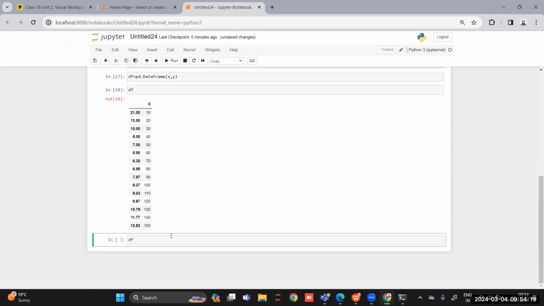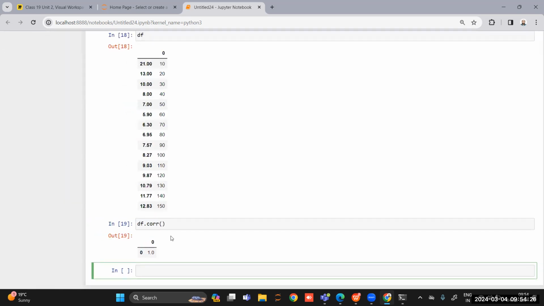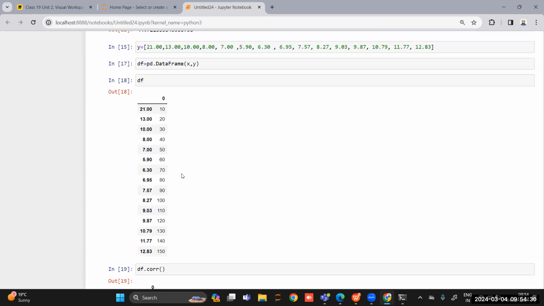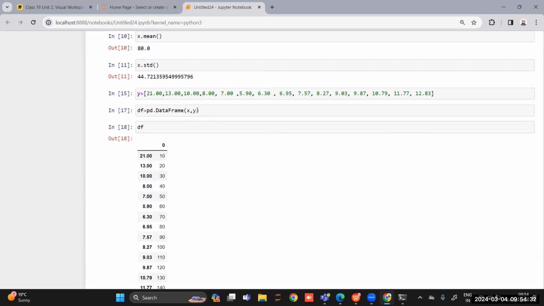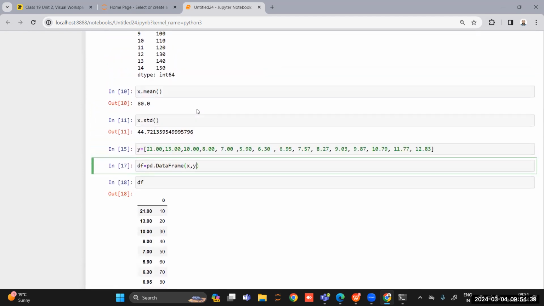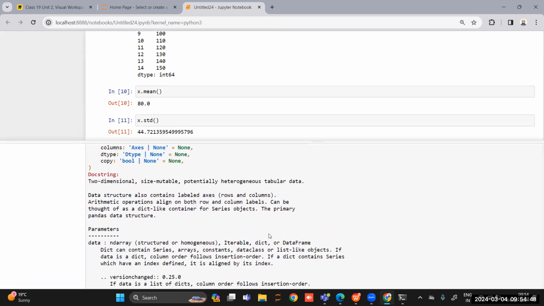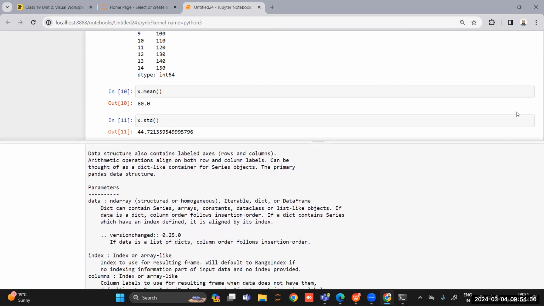I'll use df directly, see how Python does it. What is the correlation? It is 1.0. Wait, it has not taken x as the index. Wait a minute, it is just relating it. Just a minute. x comma y.